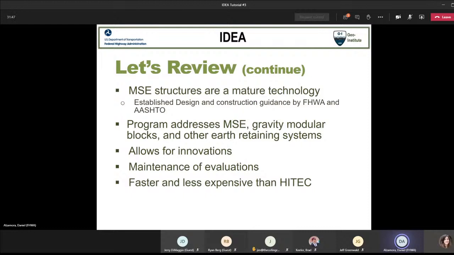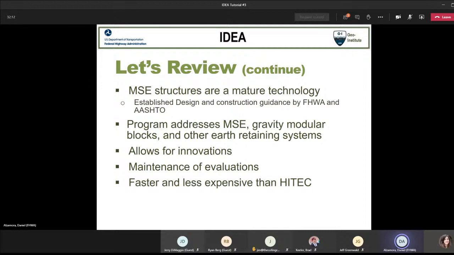The other component of IDEA that I think it's important to make sure that we cover is that it allows for innovations. Innovations are difficult to incorporate into our practice if they're not in an FHWA or AASHTO guidance, right?